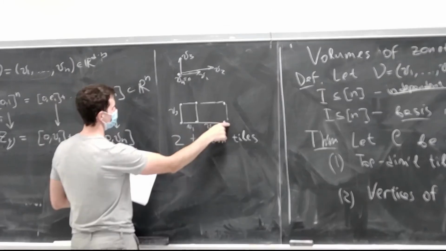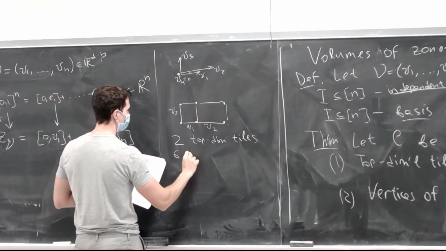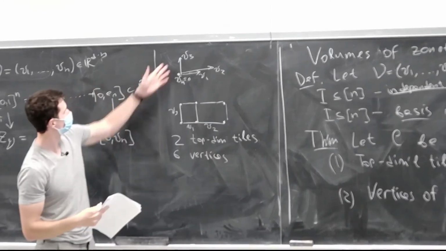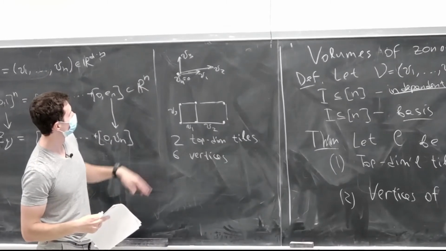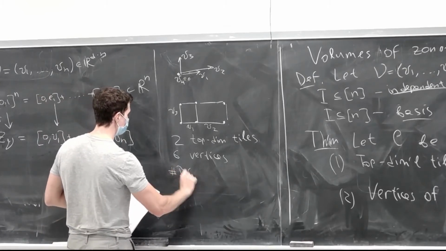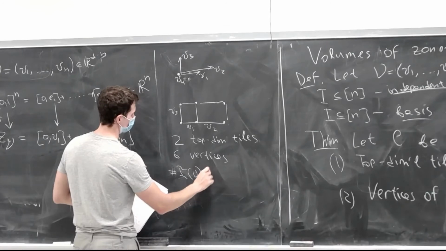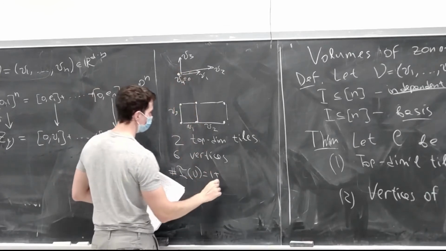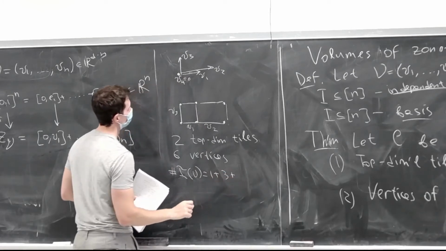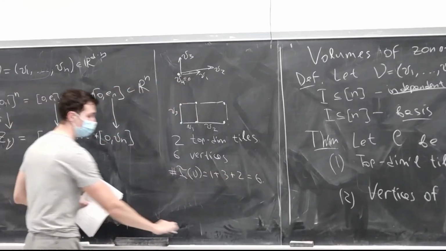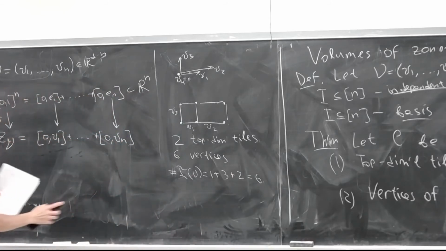How many vertices? 6. How many independent sets? Indeed 6. The number of independent sets is 1 plus 3 plus 2, because V4 doesn't count. Seems to work. And actually, it works in all dimensions.